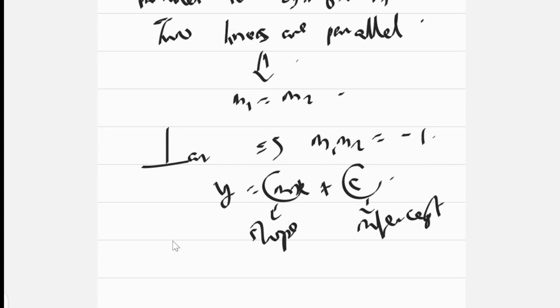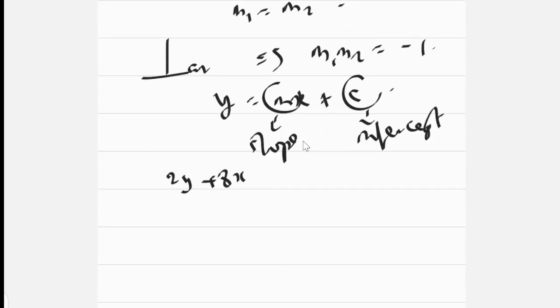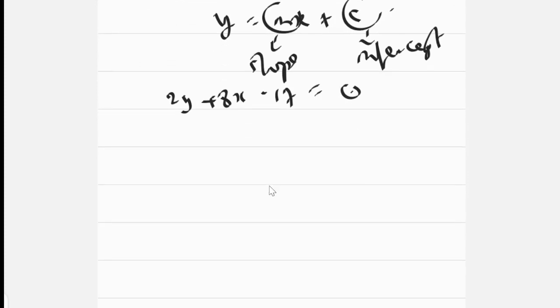Okay. Let me find the slope of this one. I have 2y plus 8x minus 17 is equal to 0. Then I can rewrite this as 2y plus 8x equal to 17. Recall that we have to have it in this form.